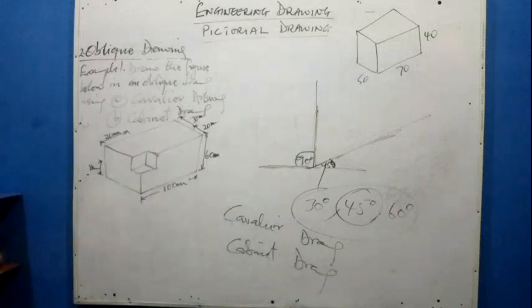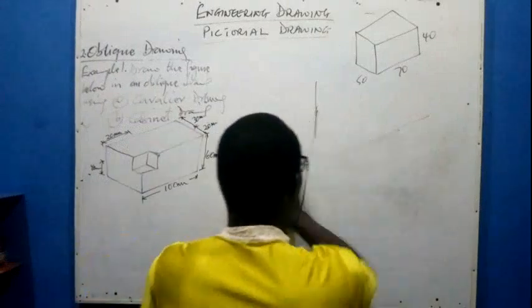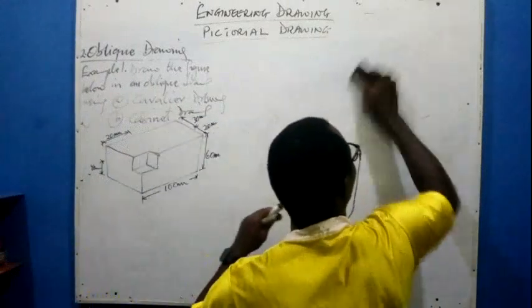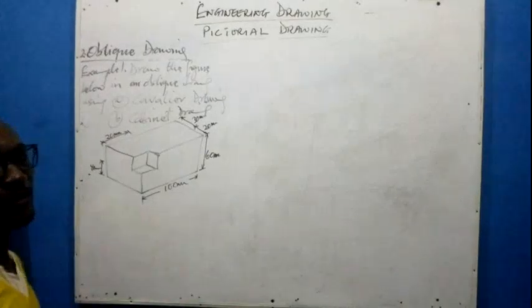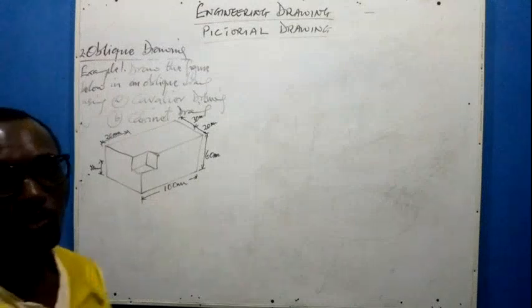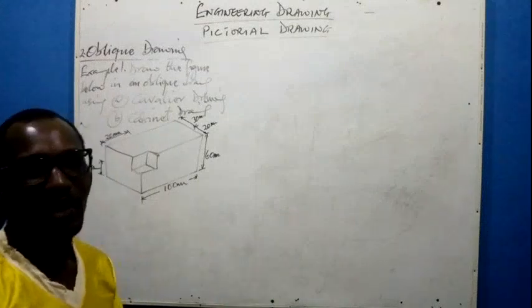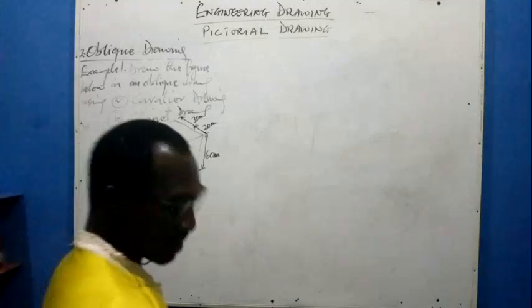Now, how do you produce it? Let's look at how you go about it. Here we are going to use the 90 degrees by 45, so that we'll always be using that as our format.